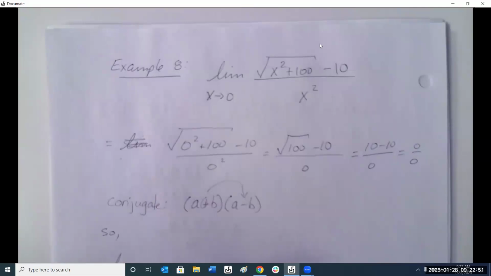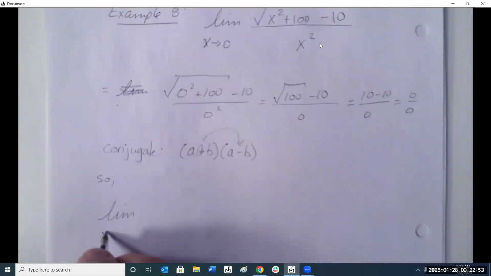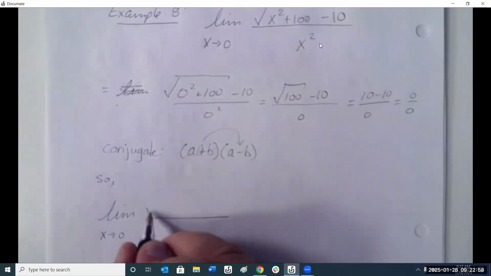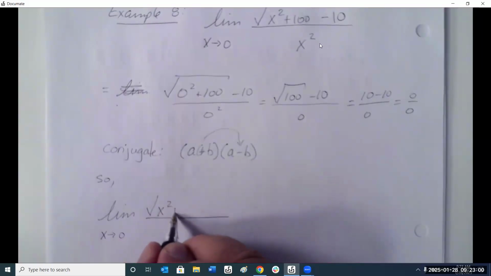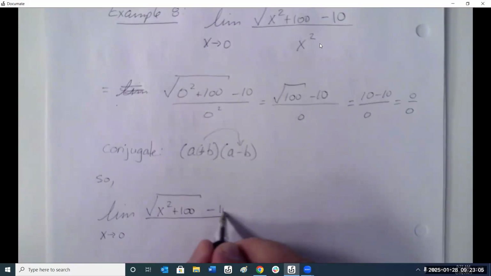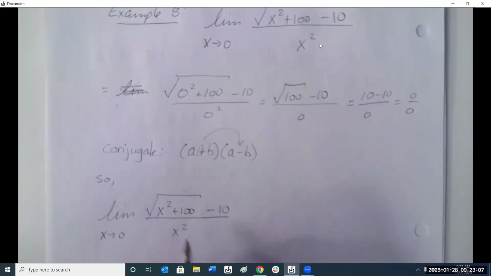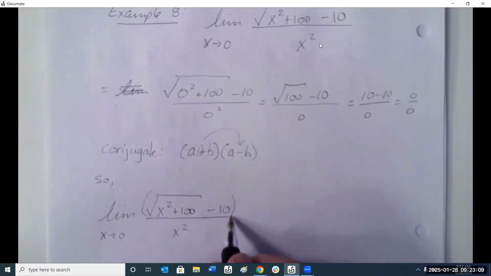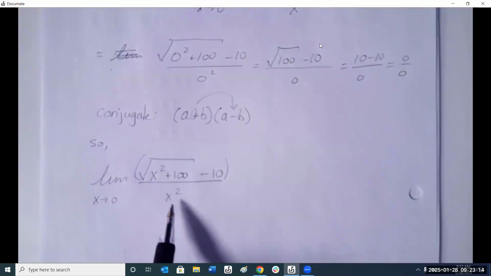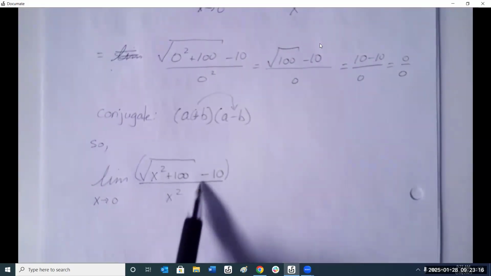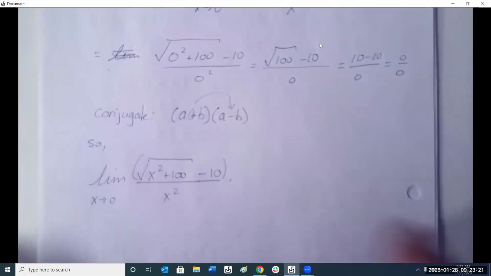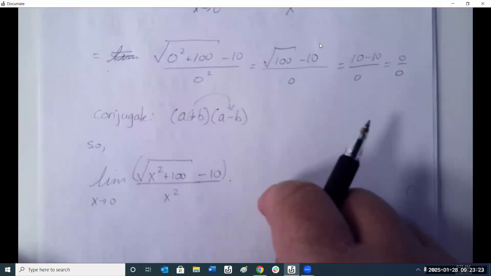So we have the limit as x approaches 0 of the square root of x squared plus 100 minus 10, over x squared. So what's the conjugate? Do we conjugate the denominator? No, that's not the big problem. So the conjugate is of the top expression. But remember, we can only multiply by 1.